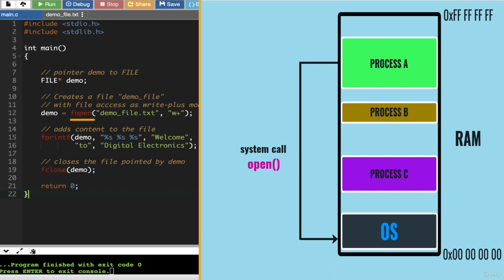If you go inside the implementation of fopen, you will see towards the end that it invokes open, which is a system call. Again, system calls are the bare minimum calls that are passed to the kernel, which executes in kernel mode and returns the required result to the user space application, which is process A in this case.